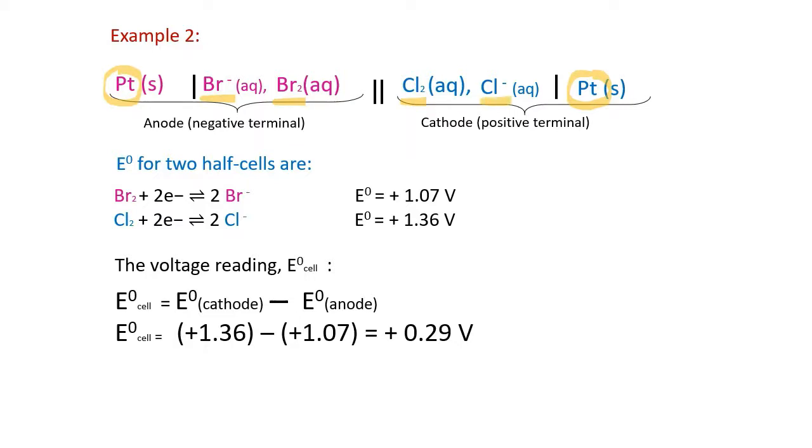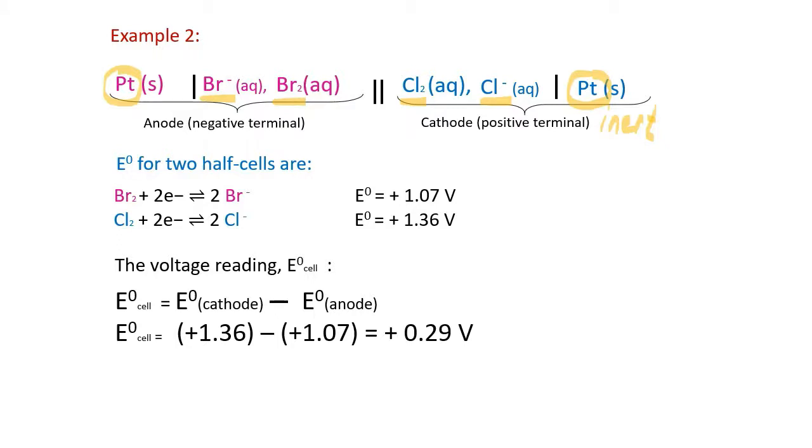Now, because platinum is an inert electrode, the substances that will receive or release electrons are actually the ions in the beaker. So we have to look at the E0 value of both substances.